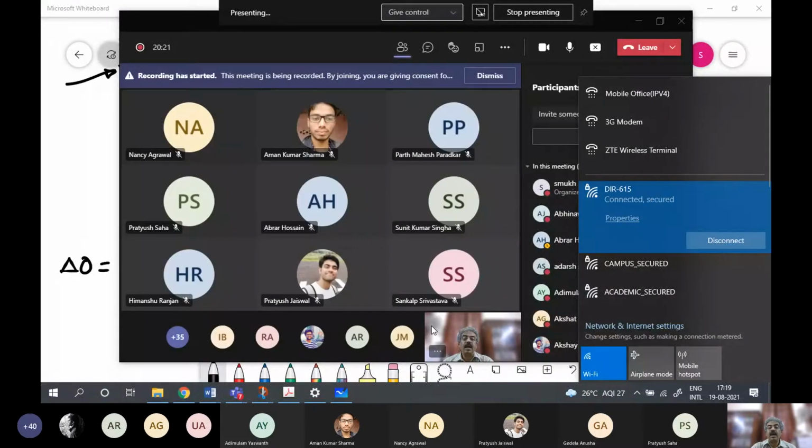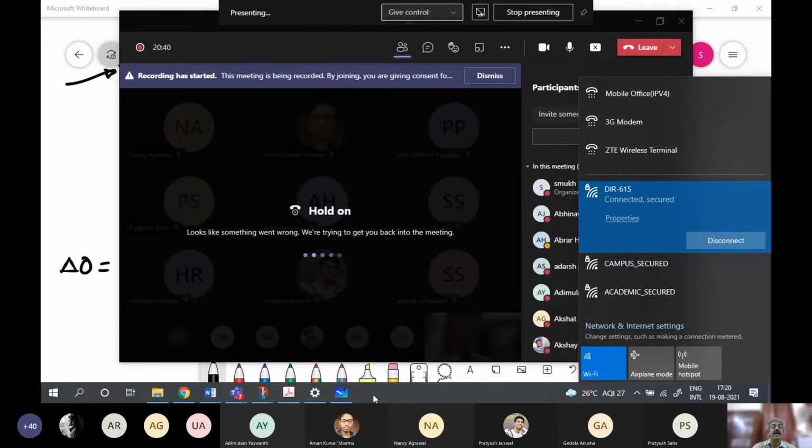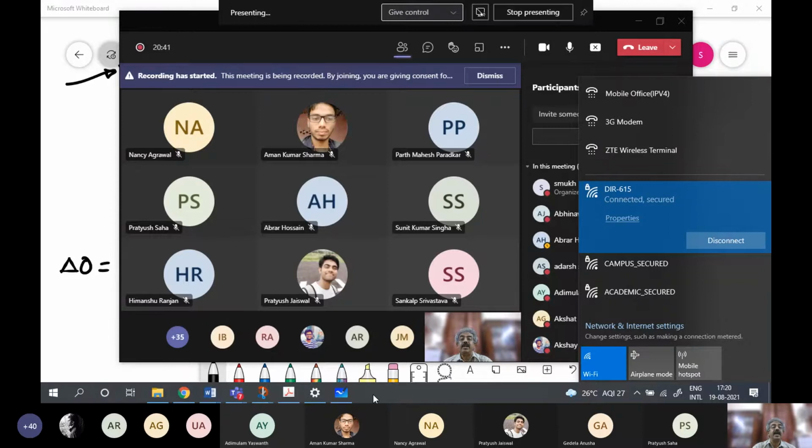The net sometimes going. I'm losing connection repetitively.